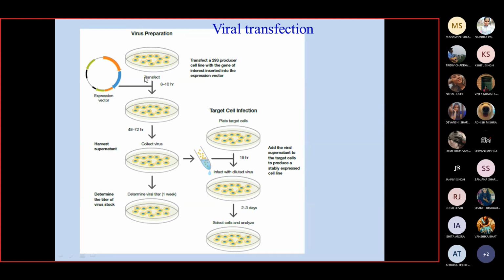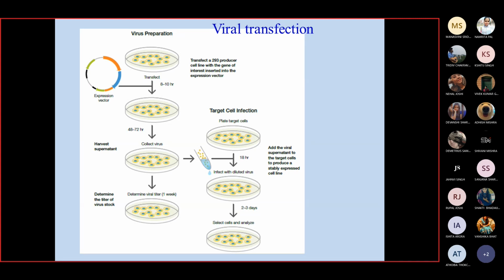So in the case of mammalian cells, for example, if this is the expression vector and these are the cells that are going to be transfected, in this case a cell line called HEK293, human embryonic kidney cells, the gene you want to express, in this vector, can be introduced into these HEK293 cell lines.